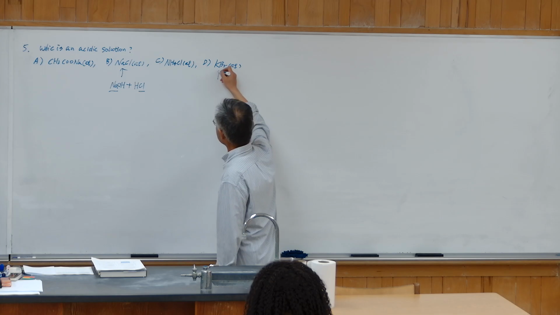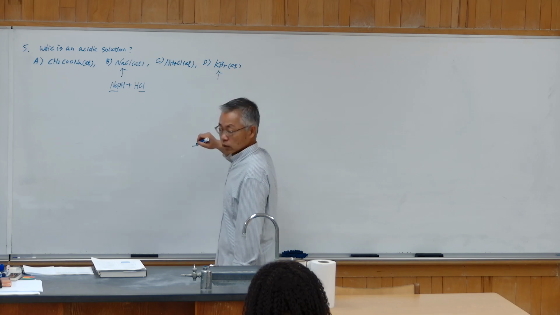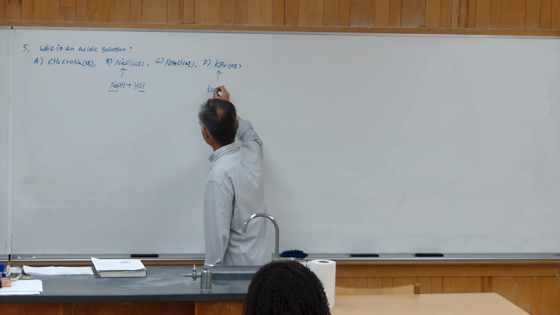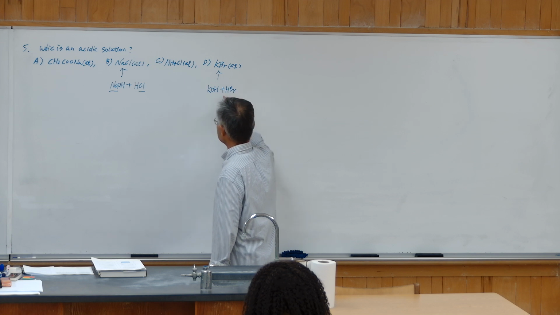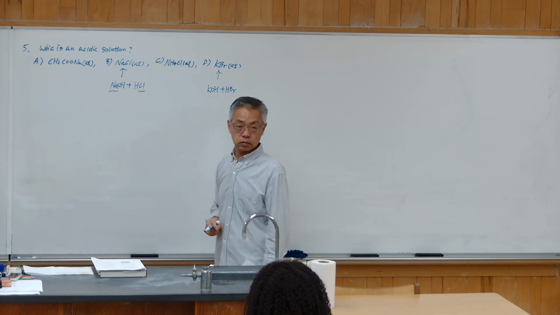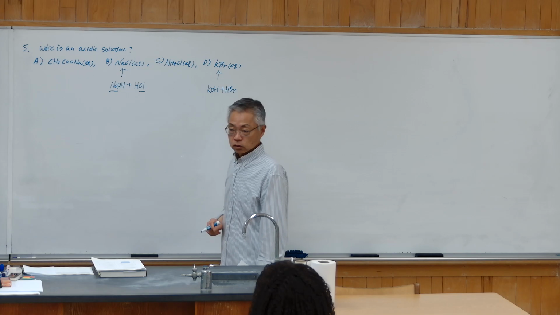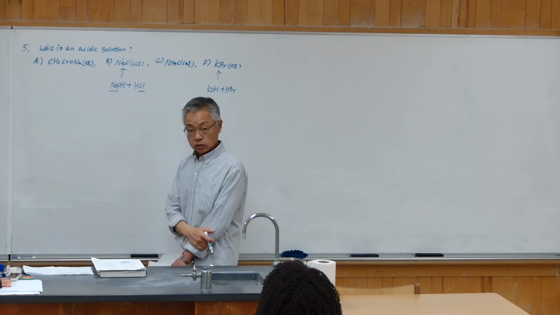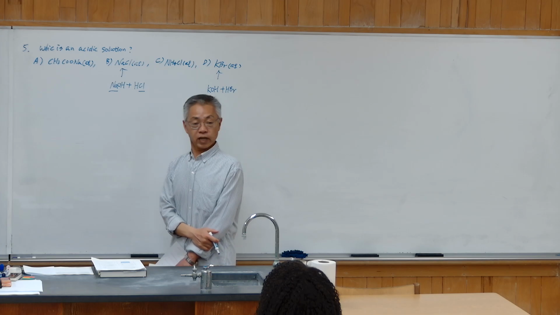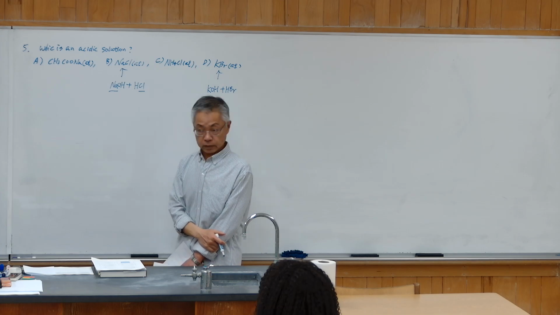And this is another example. Strong acid, strong base. This comes from KOH plus HBr. So which one is the acidic solution? We need to think about which one comes from a strong acid reacting with a weak base.